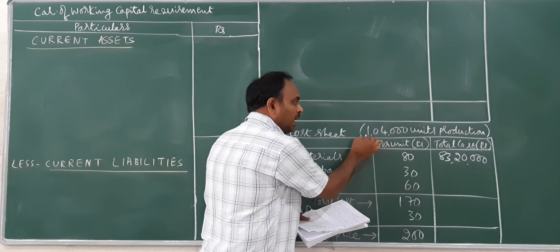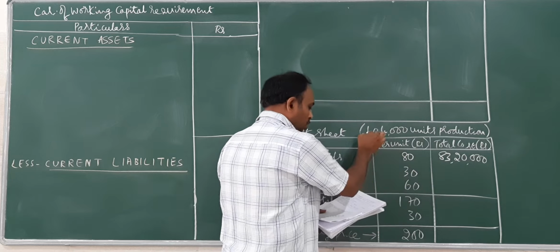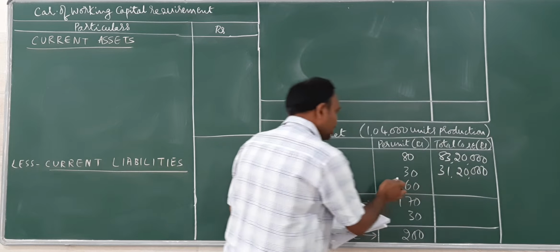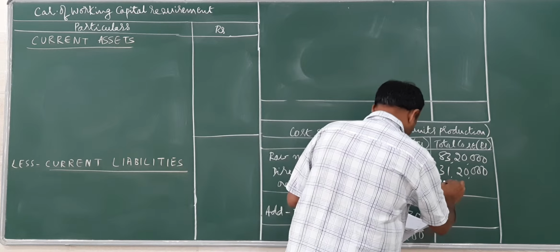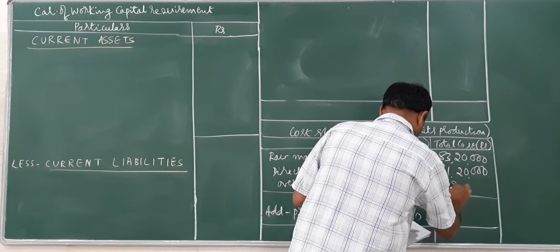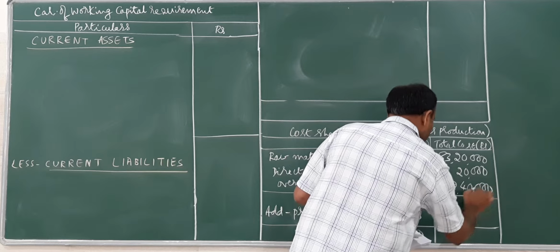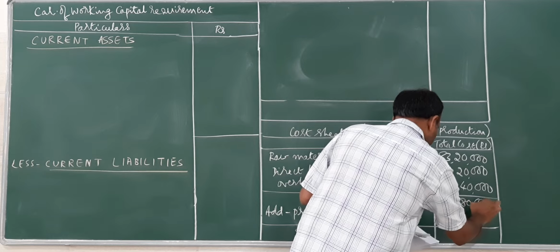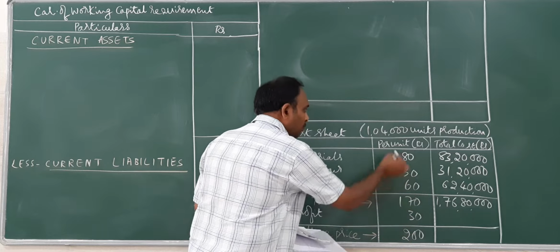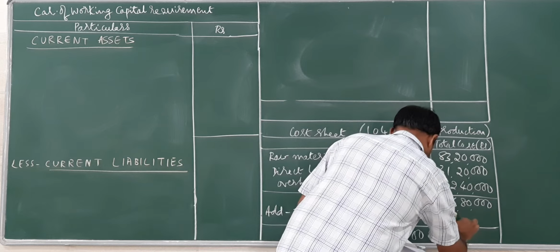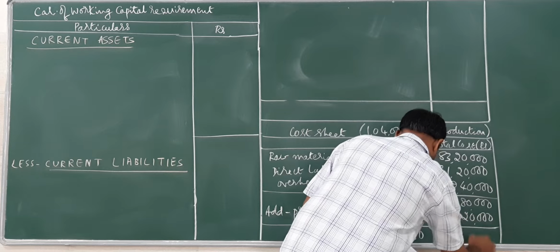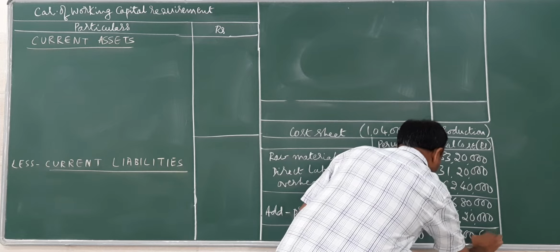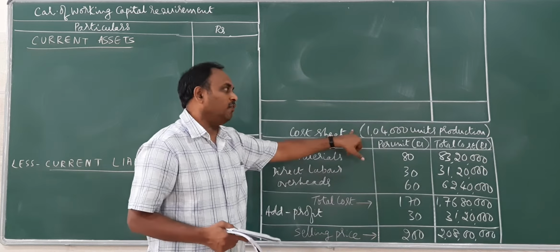So 80 into 1,04,000, then 30 into 1,04,000, 31,20,000, 60 into 1,04,000, so add all expenses or elements of expense, then profit 30 rupees into 1,04,000. So 2 crore 8 lakhs is the total selling price for 1,04,000 units.